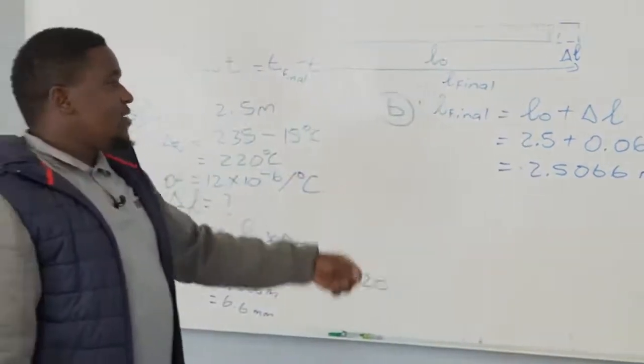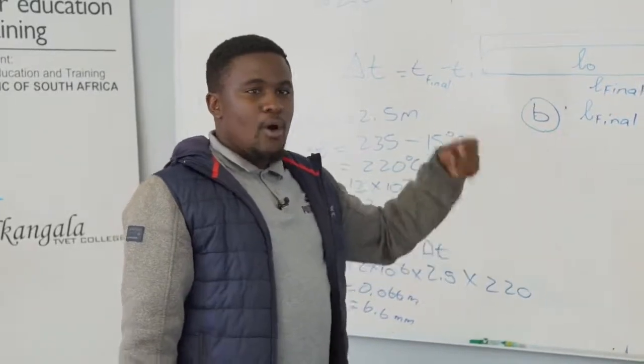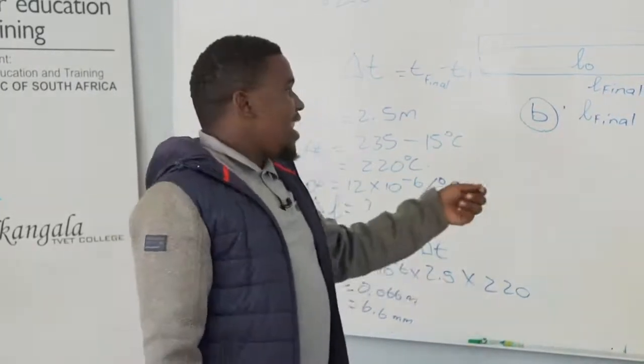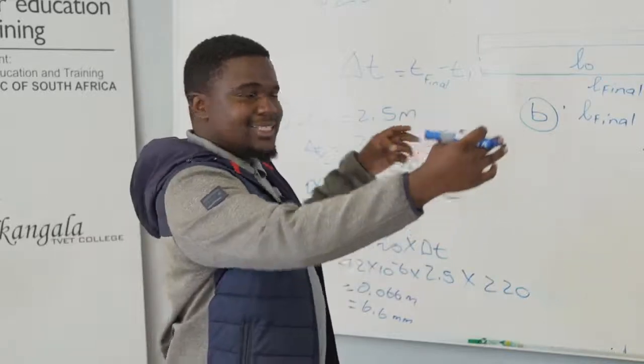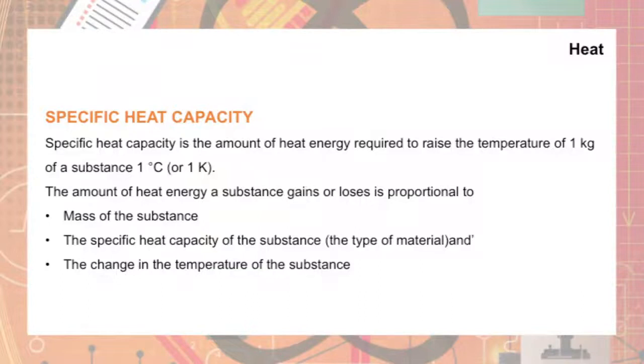This will give us our final length, when our aluminium rod has increased from the original length at room temperature, which is L0, to a final length, which is delta L.